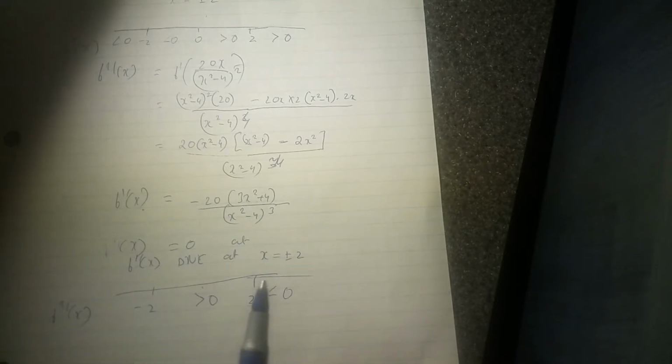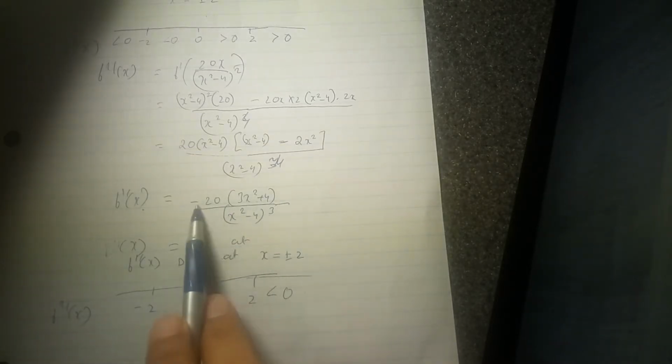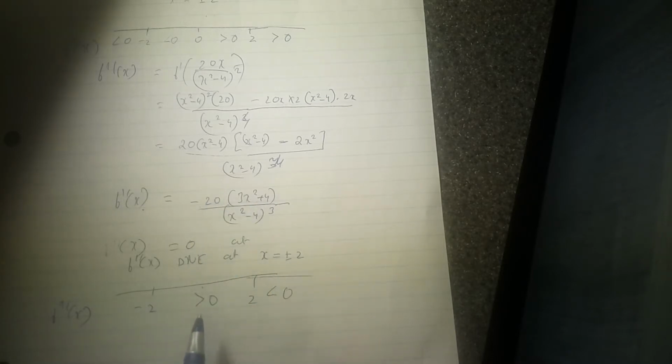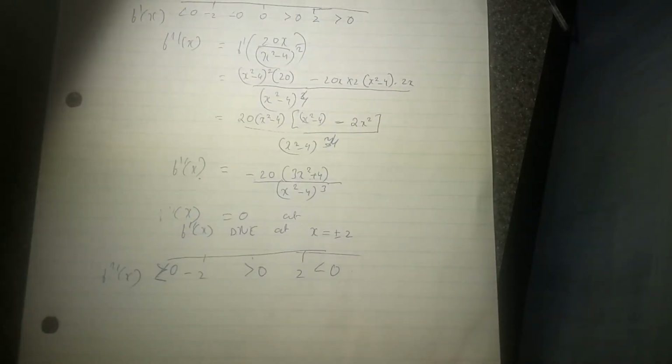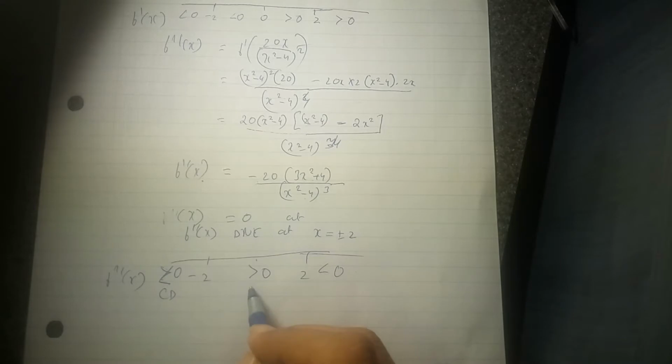We put a value of minus 3, we get 9 minus 4 positive here and negative here, so this would be negative, sorry for that, right?